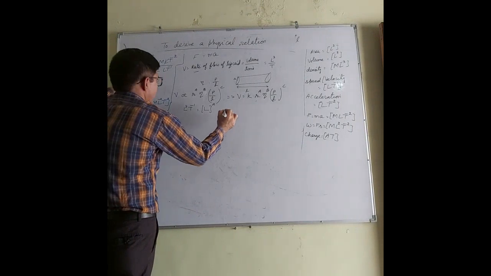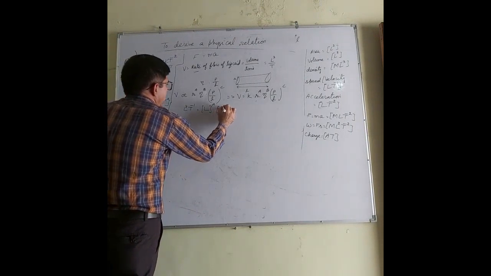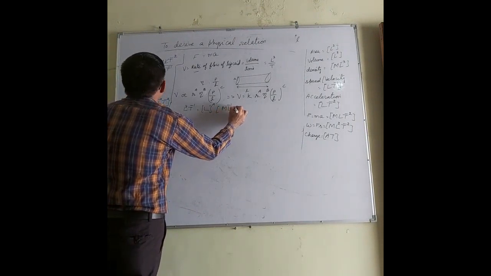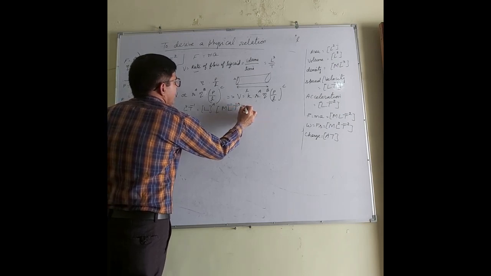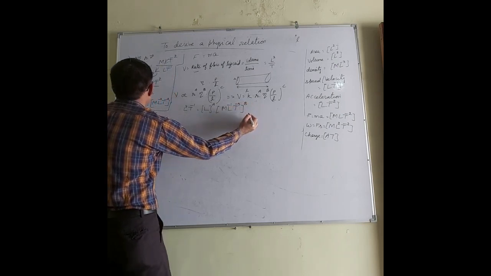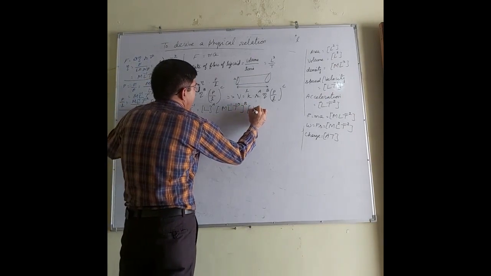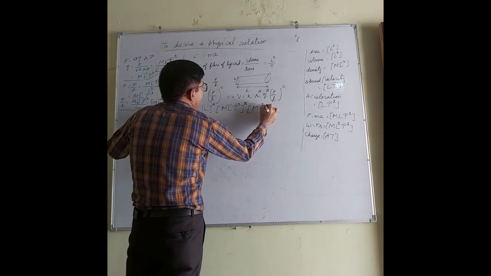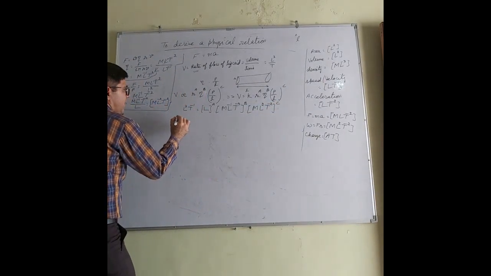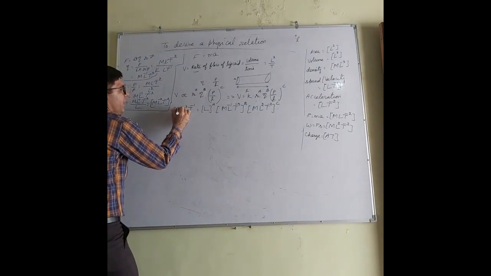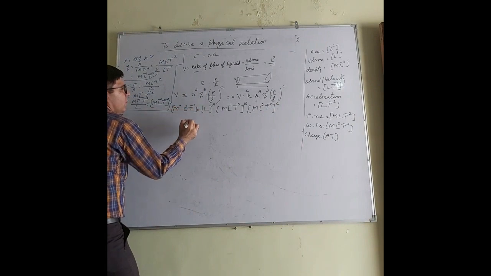Eta is M L minus 1 T minus 3 to the power B, and P by L, M L square T minus 2 to the power C. Now here M is not given, so you can write M as 0.